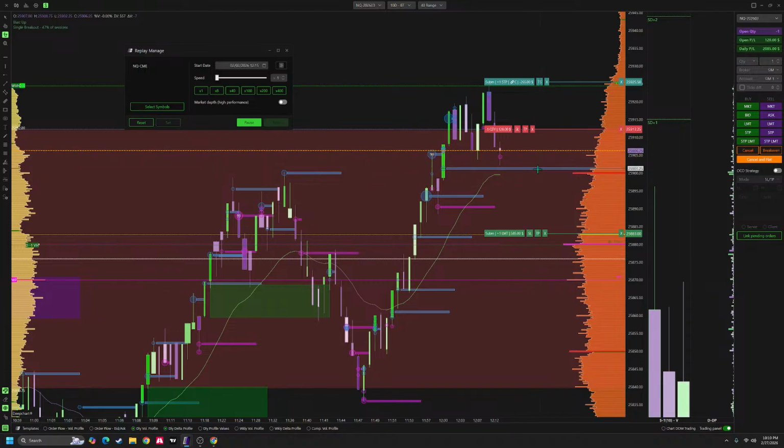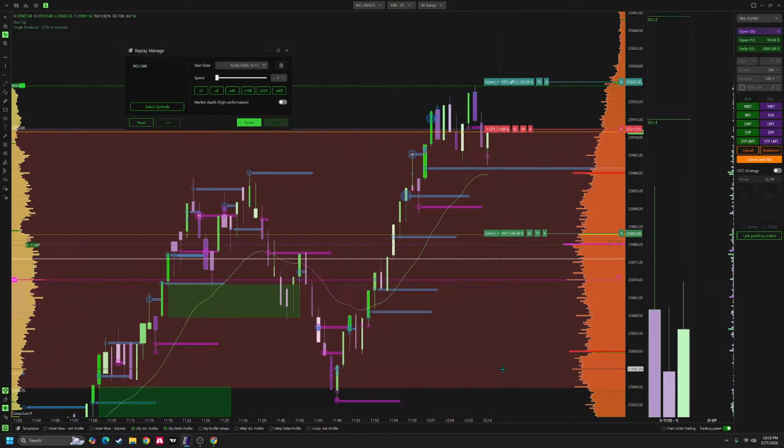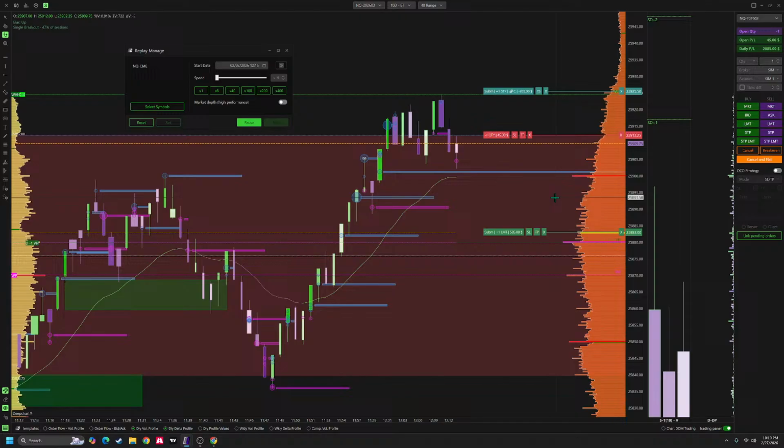But it's 12 o'clock New York time for this session, 12:12 to be exact, and I kind of feel like volatility is going to be pretty range bound for the next hour. I don't see why we can't retract 30, 40 points though after that 90-point move.